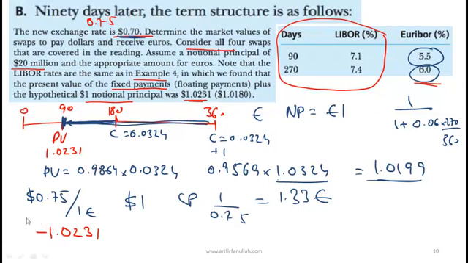If we are paying dollars, we are paying this present value amount. And what are we receiving? We are receiving this amount of euro. But this was the amount of euro based on 1 euro, right? So this whole calculation that we did was based on 1 euro notional principal.